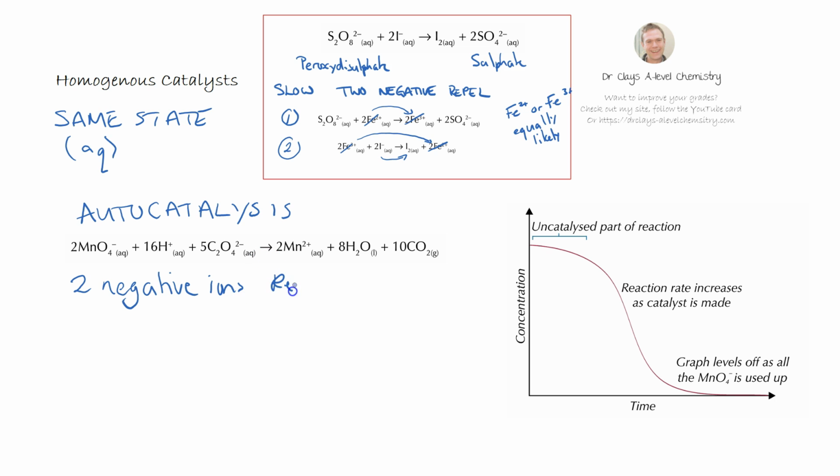Now it's slow to start with again because we've got two negative ions that repel each other, and therefore we see the rate of reaction at the start to be very slow. It's almost no change in reaction rate. But after a given time, the reaction rate starts to speed up.